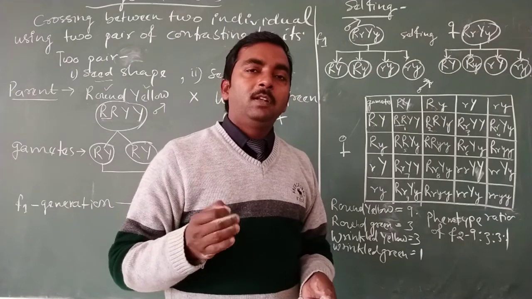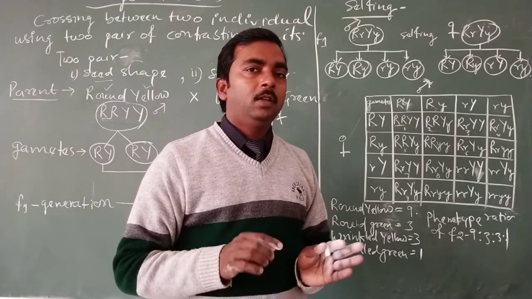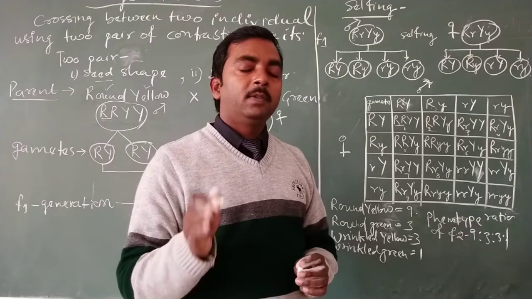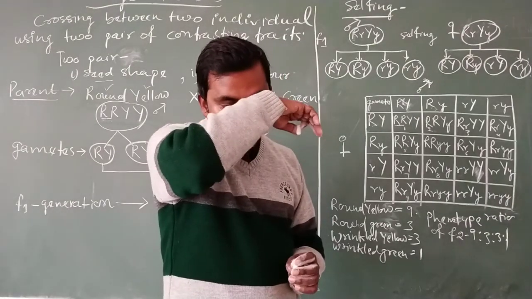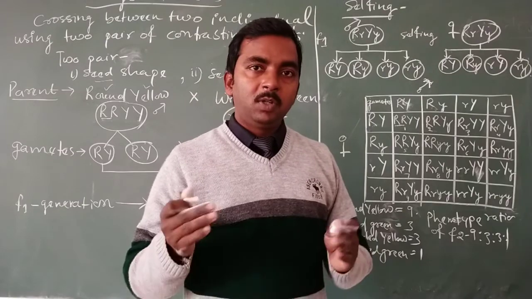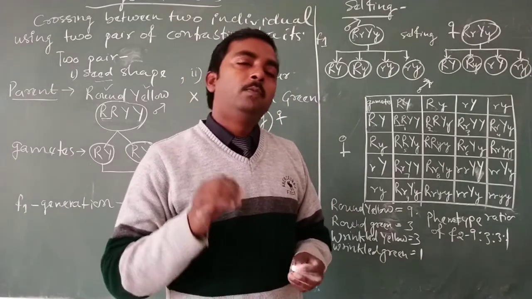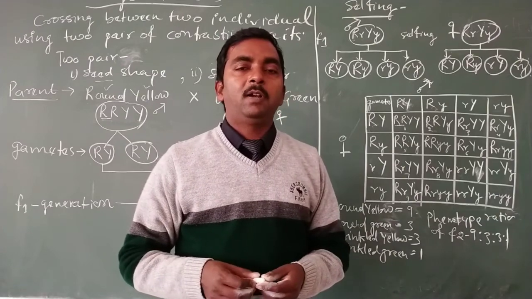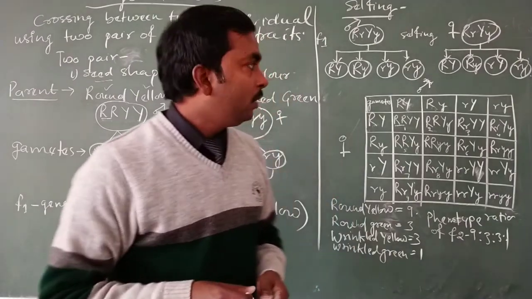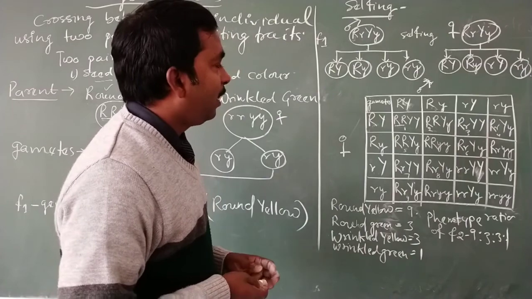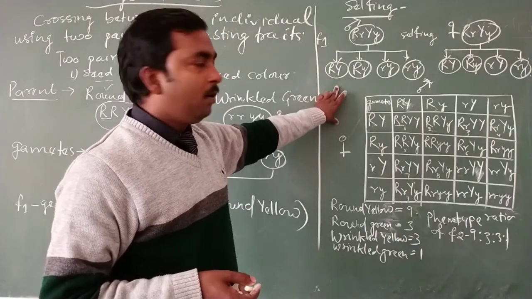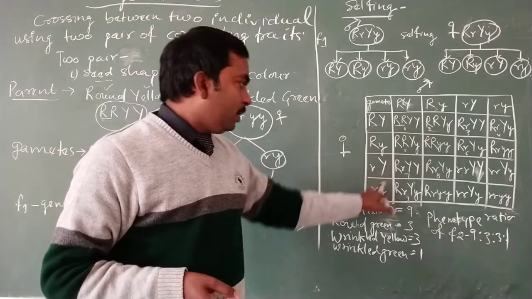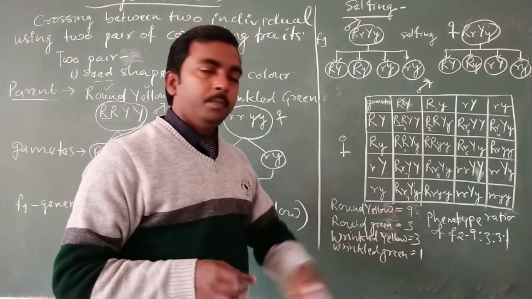But it can also be said that in the F2 generation it is a multiple of 3:1. 9:3:3:1 is the multiple of 3:1. We will discuss this in the later part of the video. But here we can easily observe the chessboard method to find out the F2 products.